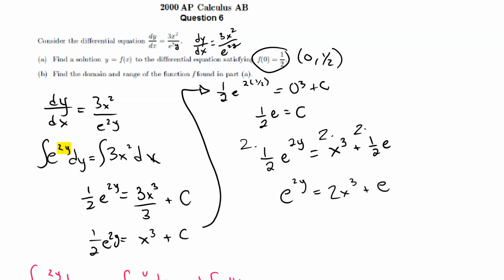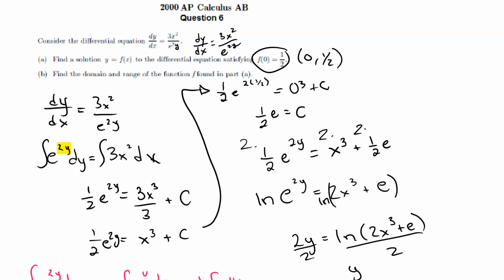Then we're going to take the natural log of both sides to get rid of that exponential e. So I've got 2y equals natural log of 2x cubed plus e. I know it doesn't look the prettiest, but then we're going to divide by 2. So our solution is y equals 1/2 natural log of 2x cubed plus e.